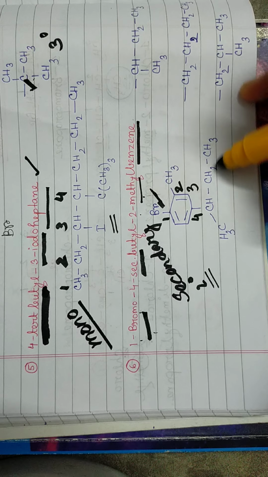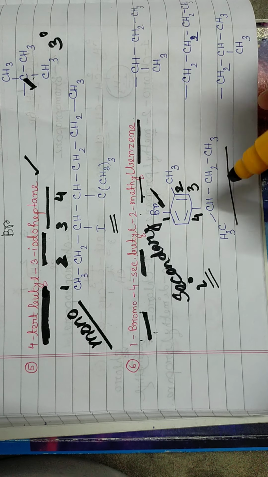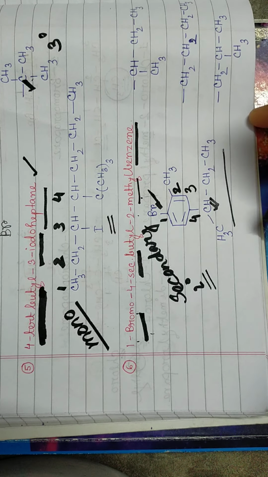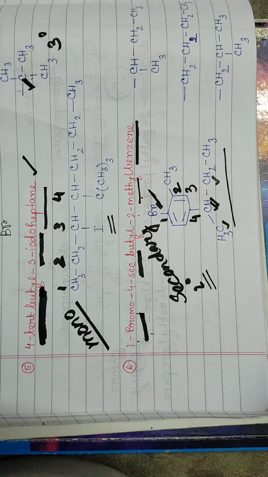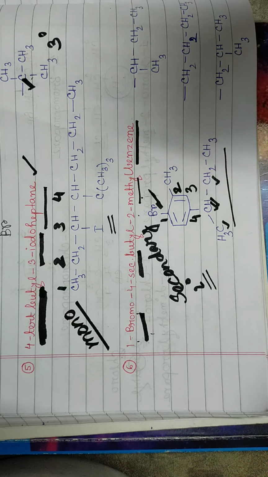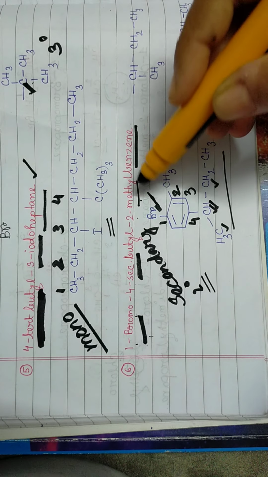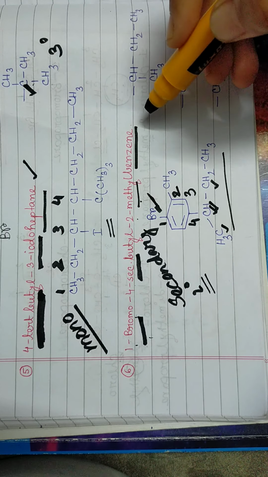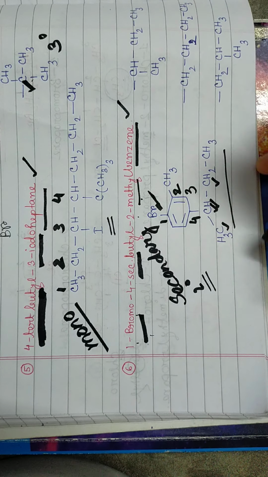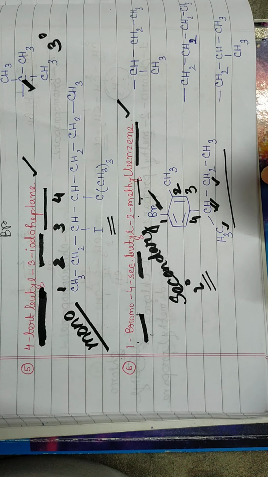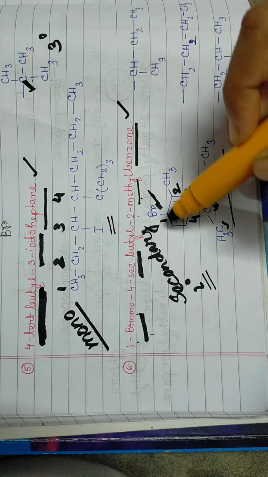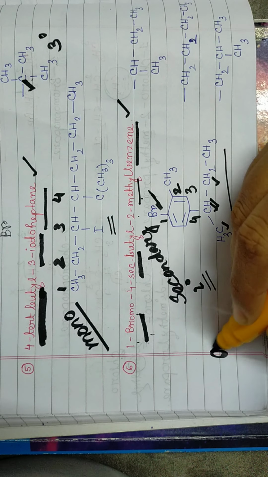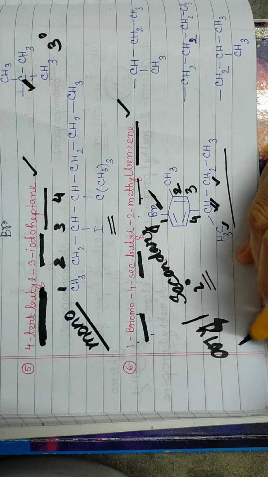We can see that in this butyl group this carbon is a 2 degree carbon because it is connected with 1 and 2 carbon atoms on both sides. So this is the structure of the compound named by this. If we try to classify this one, we can see that the halogen is directly bonded to the benzene ring, so this will be an aryl halide.